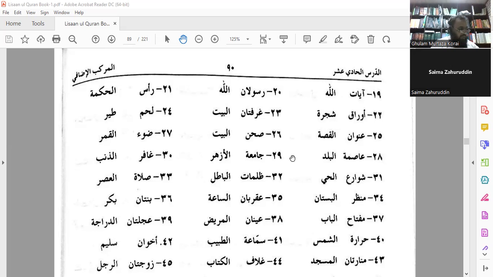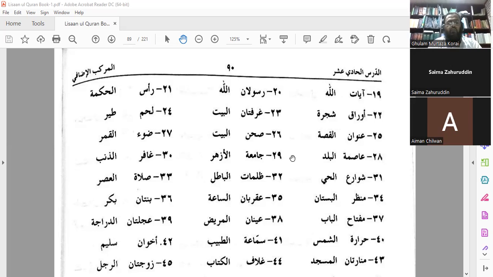Okay, so these were some of the points that we wanted to discuss. The point was what changes take place when a noun becomes mudaf, whether it is mufrad, muthanna or jama. In the case of mufrad, it does not take tanween, it does not take alif lam. If it is in the place of rafa, it will have dhamma; in nasab, fatha; in jar, kasra.